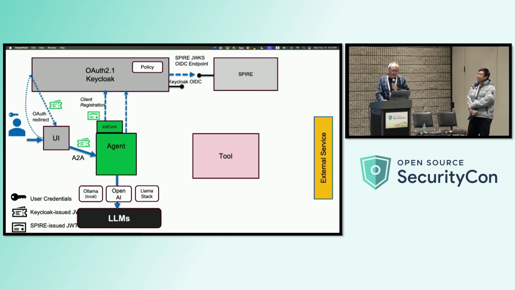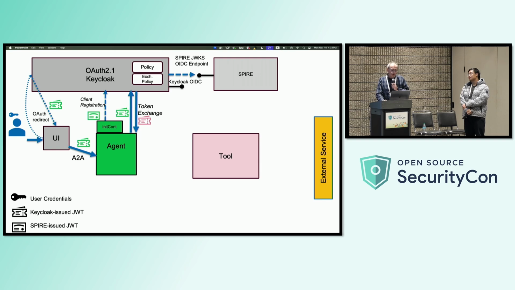Once the agent gets the request from the user, it passes it to the model using one of those different supported frameworks. And the model tells the agent that it needs access to a specific tool. Let's say the GitHub tool. Okay, so now we know the target for the next call, so we can execute the token exchange.